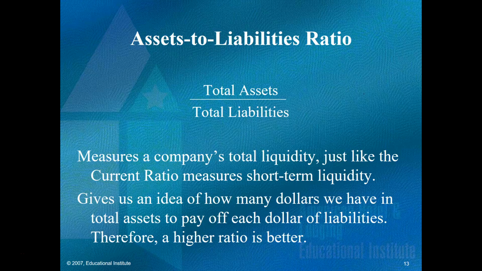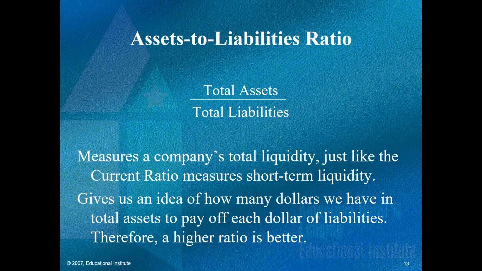So it measures a company's total liquidity. Basically, this is the when-the-crap-hits-the-fan ratio. If things completely died, our business closed, could we sell off enough of our assets to actually pay back all of our liabilities and have anything left over for stockholders?